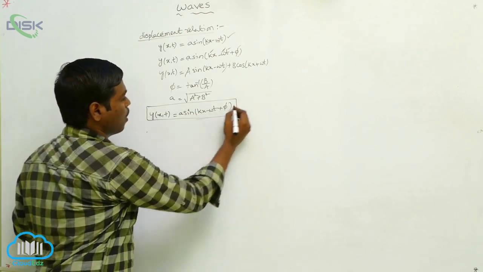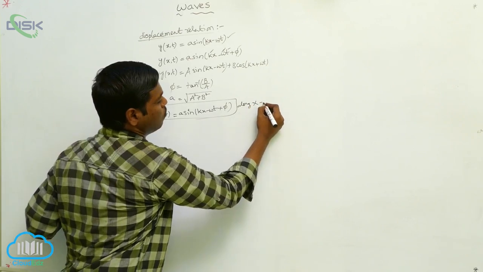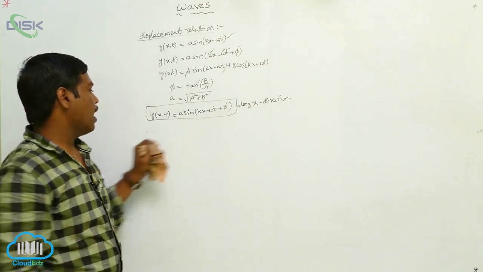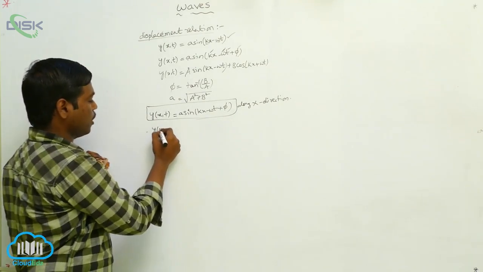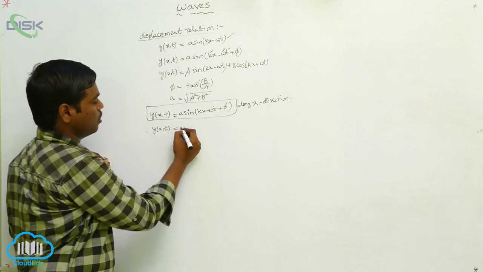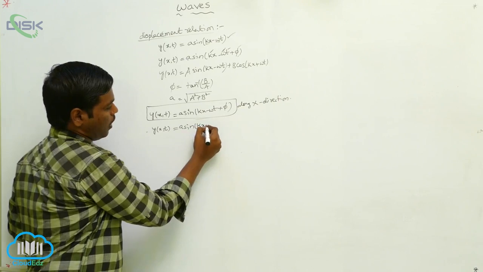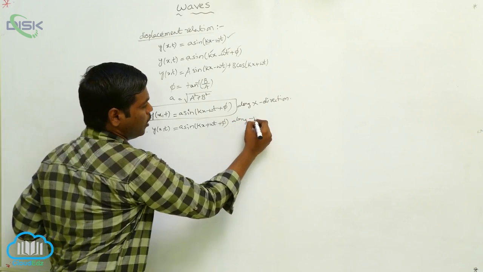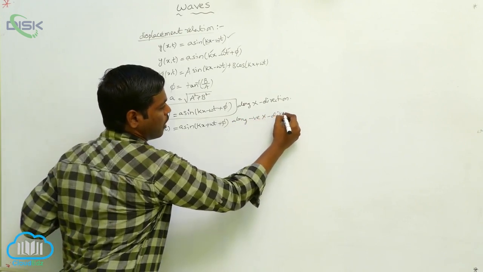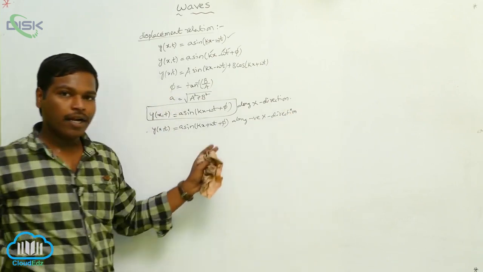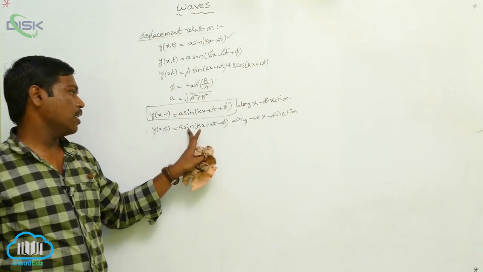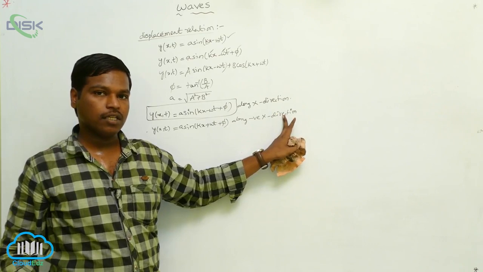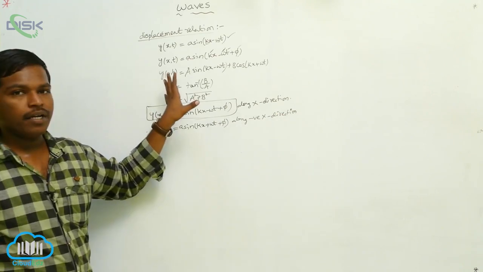If the wave is moving along the negative x direction, then the displacement relation is y of x comma t is equal to a sin(kx plus omega t plus phi). This is the relation for displacement along the negative x direction.